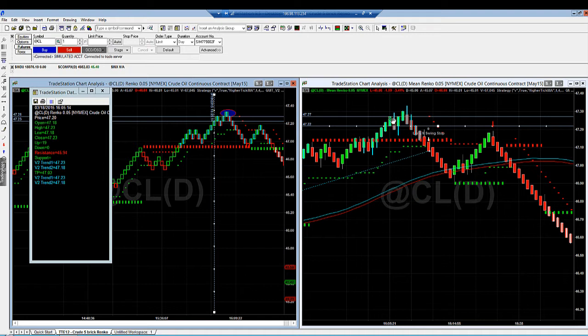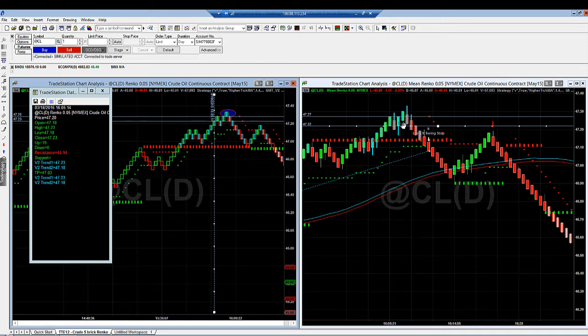It's showing us how far price has moved, as opposed to matching our 5 points on the Custom Renko. The great thing about these new Mean Renko charts is that they show exactly where price has been, so you can see the high and low of each brick.